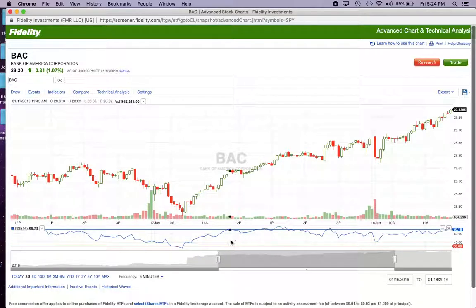For instance, you'd see right here, if you just look in the short term, which I don't think RSI is as good in, but it does work sometimes, we got a little bit oversold, and you can also tell, if you've been following some of my patterns, that's a good reversal pattern, so that'd be a good time to get in.